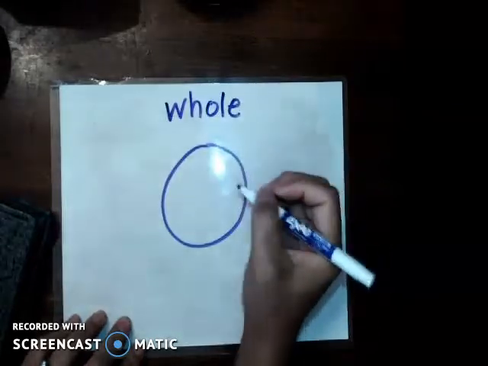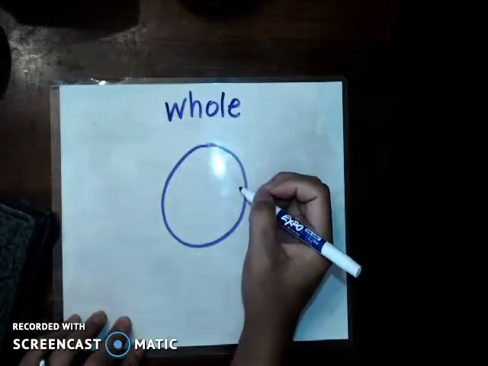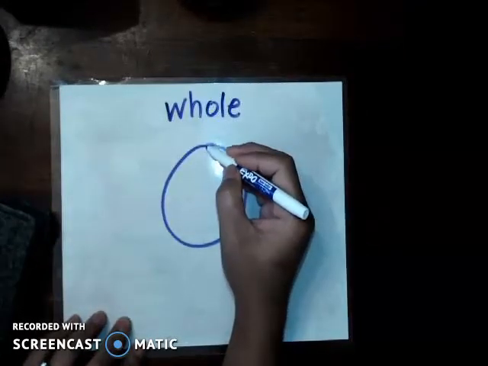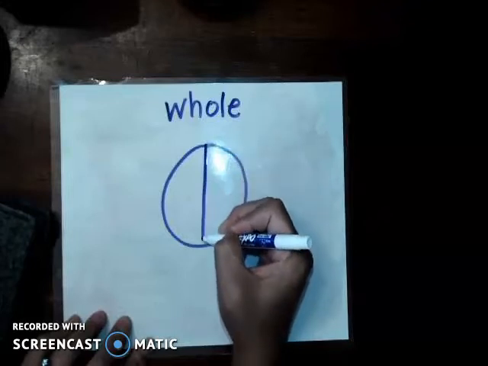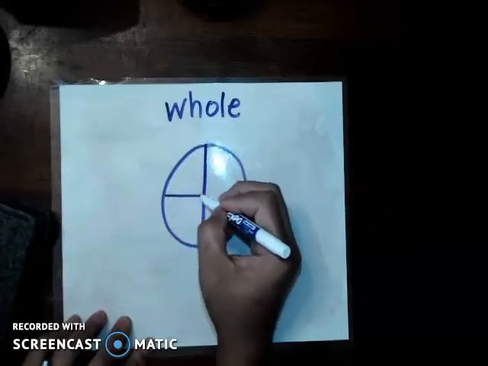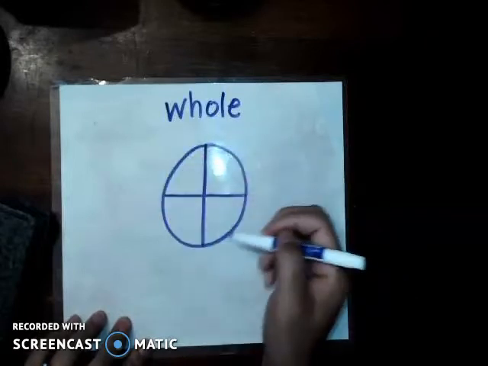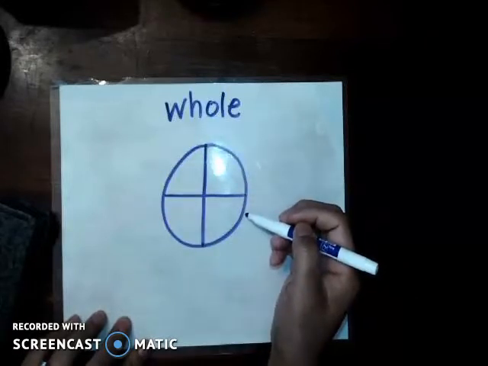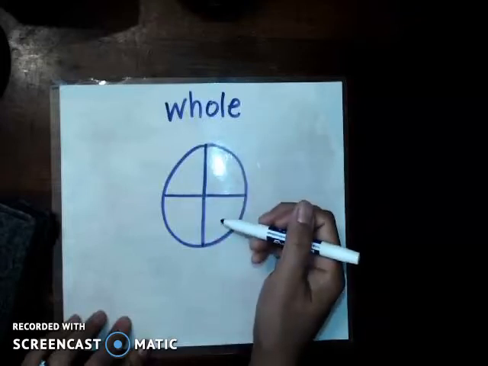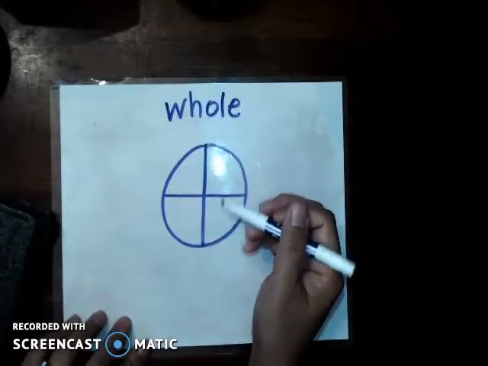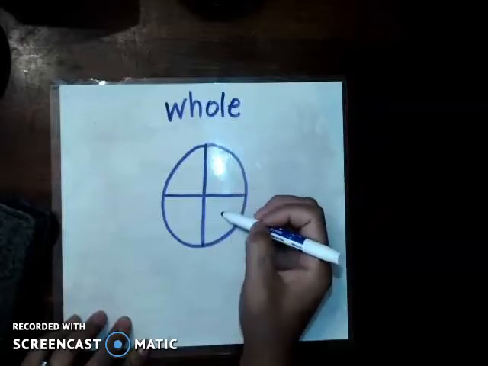Now you can cut it up into 4 equal parts. So let's cut up our circle into 4 equal parts. And even though it's cut up into 4 equal parts, there is still a whole circle here, right? There's still a whole circle. But each piece of the circle we call a unit.